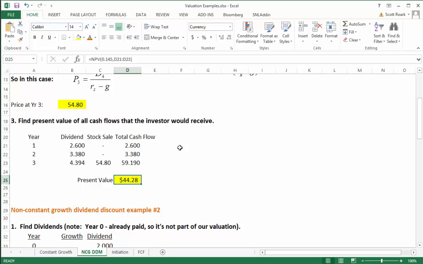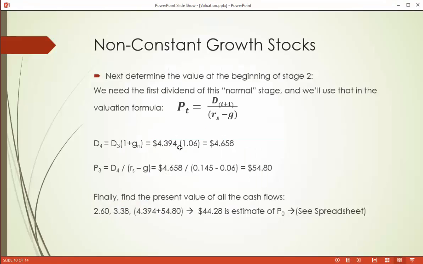If I take the present value of all that, I can use the NPV function, where the discount rate is 14.5%, and then I highlight each of the cash flows. I come up with the $44.28 that we had on our slide. So that's a way to calculate the value for this non-constant growth stock.